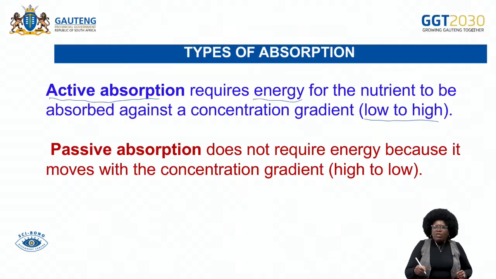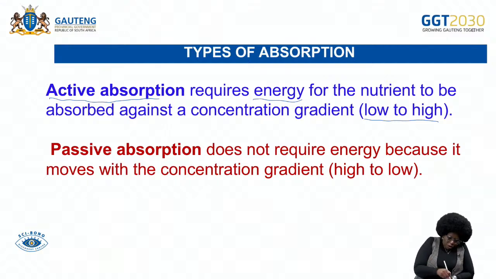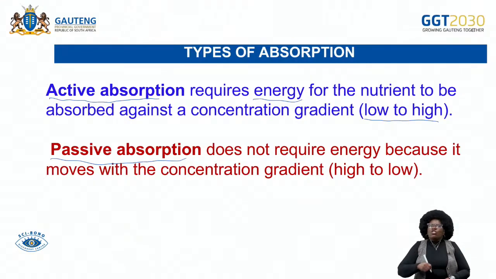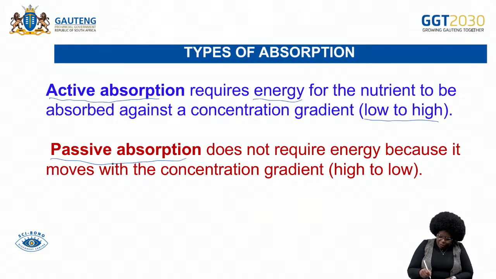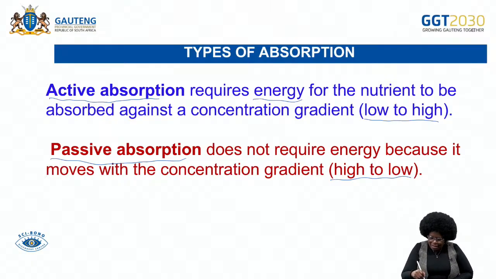You learn about this energy in cellular respiration. But passive absorption does not require energy because it's movement from high to low levels. So there are two different types, active absorption and passive absorption. Just remember that.